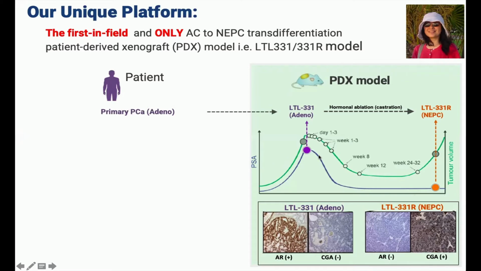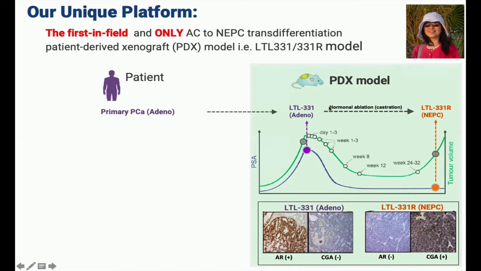And this is really cool because hormonal naive prostate cancer is known to be very hard to grow in mice, but we managed to grow them and establish LTL-331.